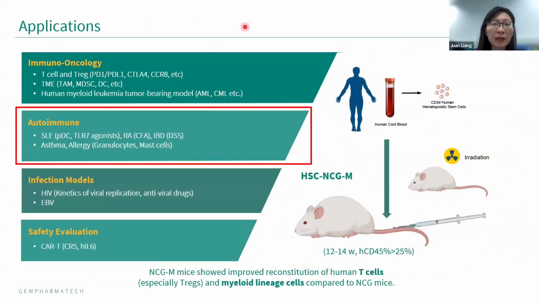So these HSC-NCGM mice could be used to study immuno-oncology and autoimmune disease. They could also be used as infection models and for safety evaluation. Today, I would like to share some data that we already generated for autoimmune disease in these HSC-NCGM mice.